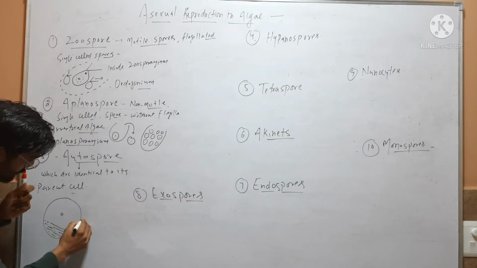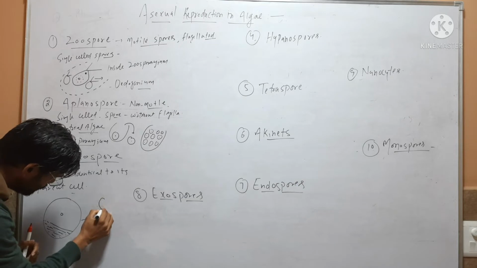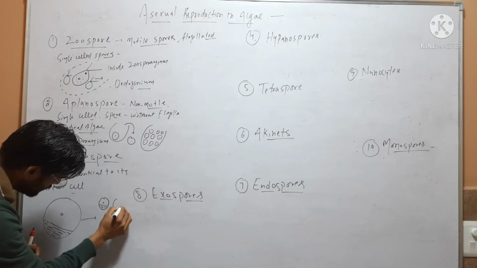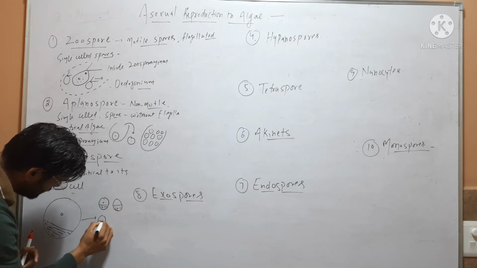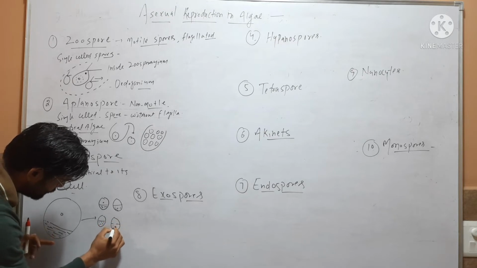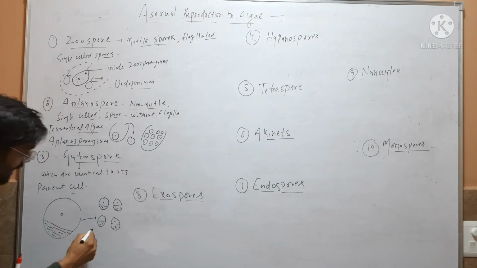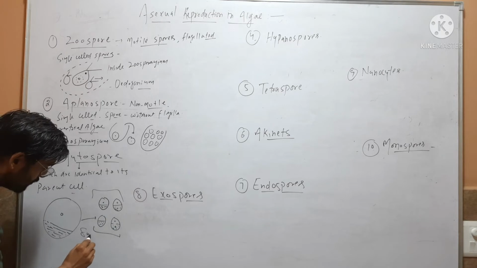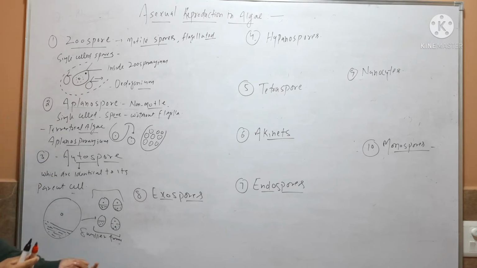So when spores are produced by these cells, they are pretty identical to this cell, or you can say a replica copy of this cell, but the only difference between this parent cell and the spores is that they are in miniature form, or in smaller form. They are smaller than their parent cell.